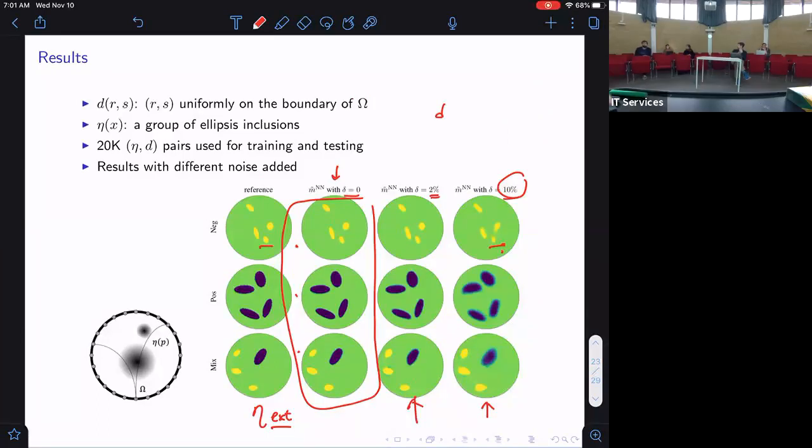Okay. Now this is something interesting, because if you train it with noiseless data, in principle you would probably learn something that is similar to the pseudo inverse, which actually is not solving completely the stability issue, because you can still have some instability if you just apply the pseudo inverse.